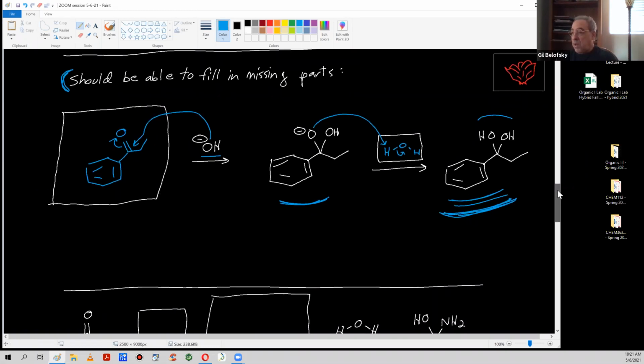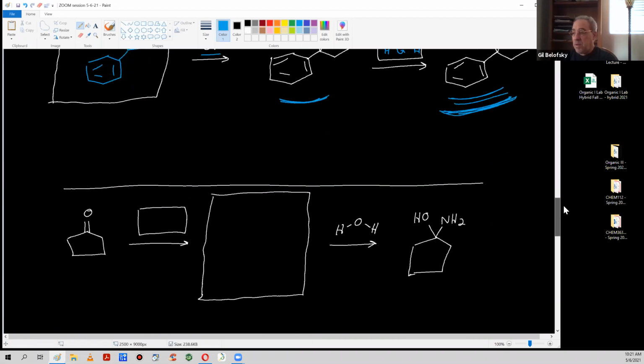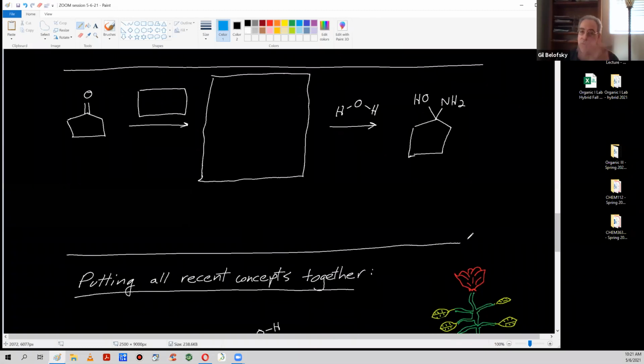This kind of logical process is all of higher learning. It's not just organic chemistry. It's like, here's something with a bunch of components. Can you fill in the missing components? Can you get to the result or some new result ultimately without all the other clues ahead of time?